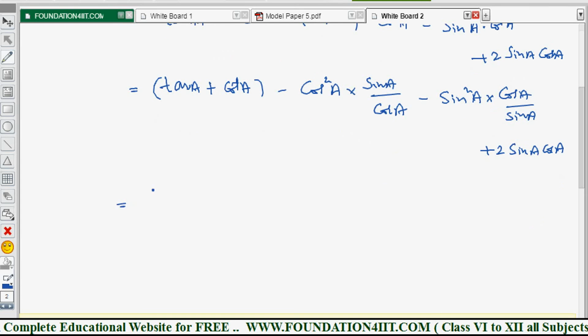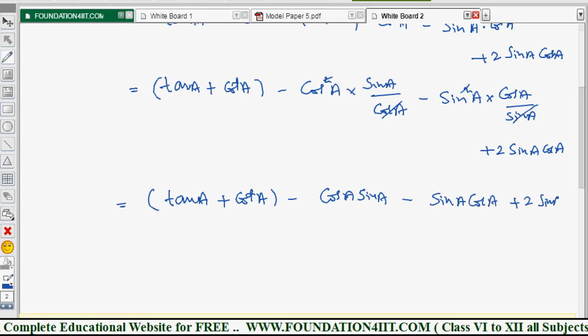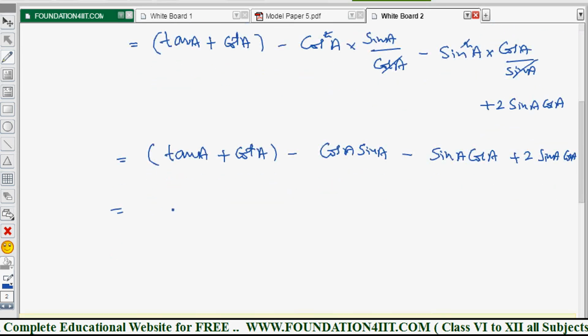In this bracket tan A plus cot A is as it is, minus, here we get some cancellation, cos square A by cos, one cos can cancel, the remaining is cos A sin A, okay, minus, because one cos gets cancelled here, and one sin can cancel, then the remaining is sin A into cos A, plus 2 sin A cos A. Now next step is simple, these both you can add.